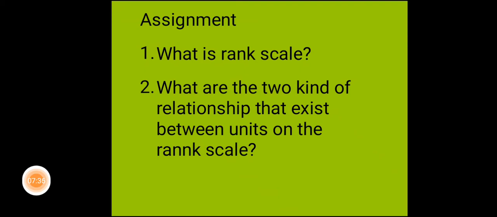And then we have the two kinds of relationship that exist on the rank scale, which are the consist of relationship and the constituent of relationship. The consist of relationship is also known as the top-down view, while the constituent of relationship is referred to as the bottom-up view.